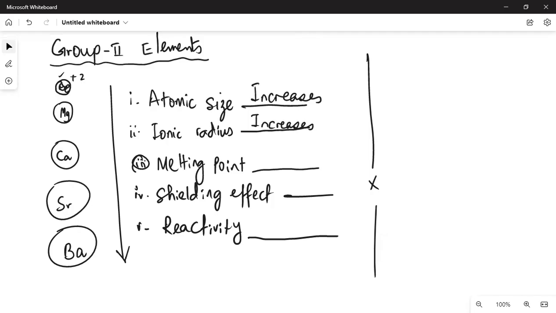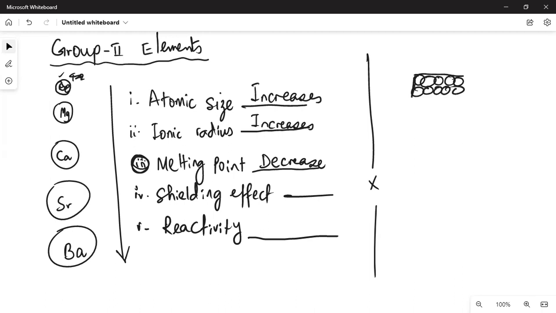Melting point is tricky. इसमें बच्चे अक्सर उल्टा लिख के आते हैं. Metals में as you go down the group, the melting point decrease. It's not कि if the metal is heavier or bigger, so its melting point will be more. In fact, if metal atoms are small, they'll be tightly packed up together.